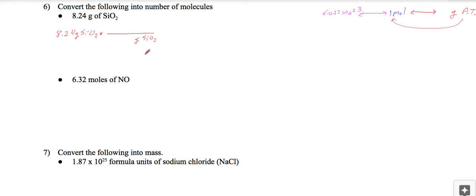Go to the periodic table, and that comes out to be 60.1. And then we're going to go to our 1 mole of silicon dioxide. Grams cancels.